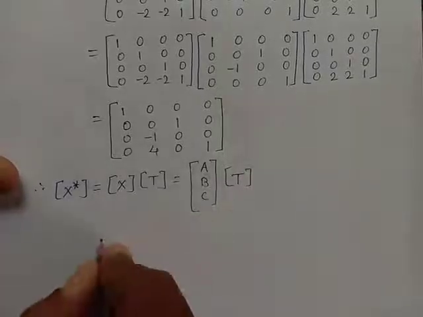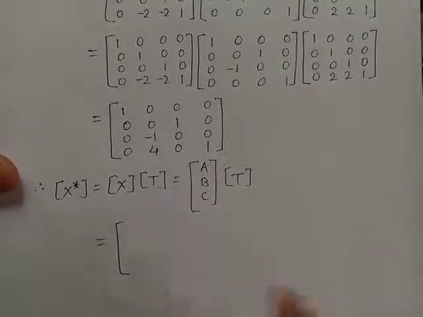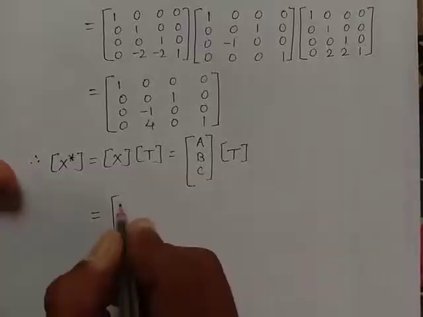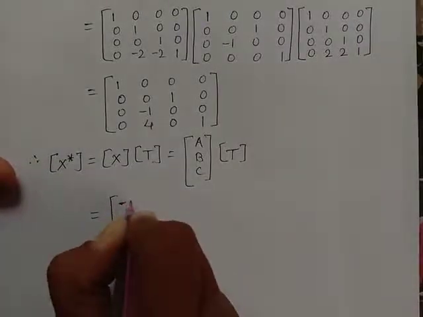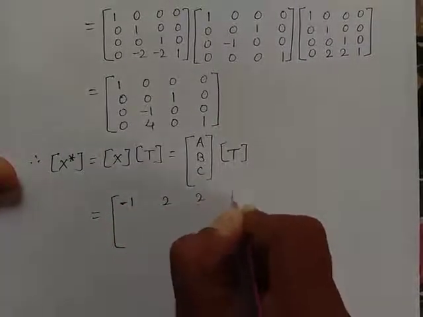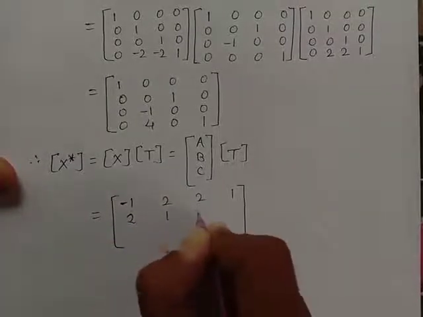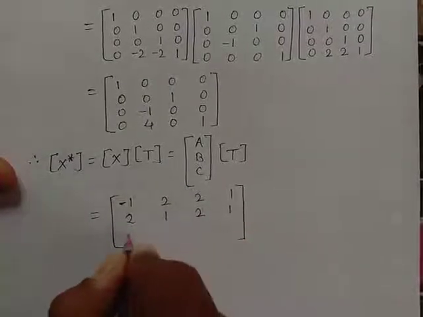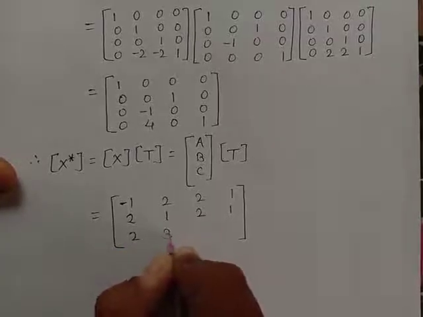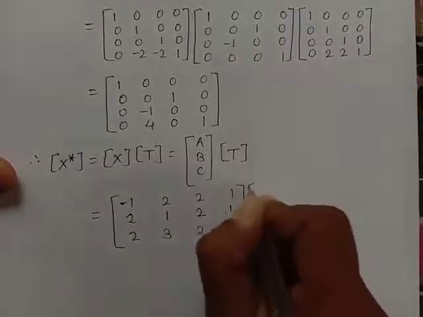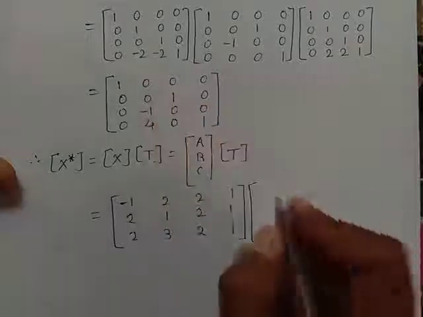The triangle ABC having the position vectors, given in the question, -1 2 2 1, 2 1 2 1, here 2 3 2 1, into t is this matrix.